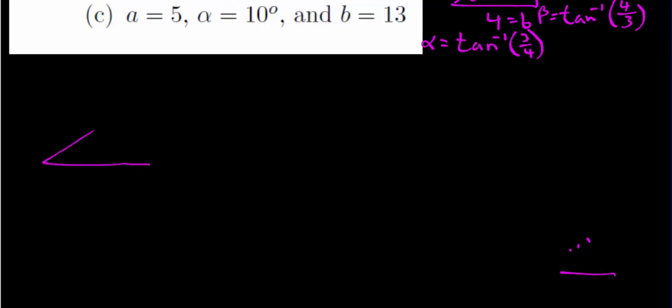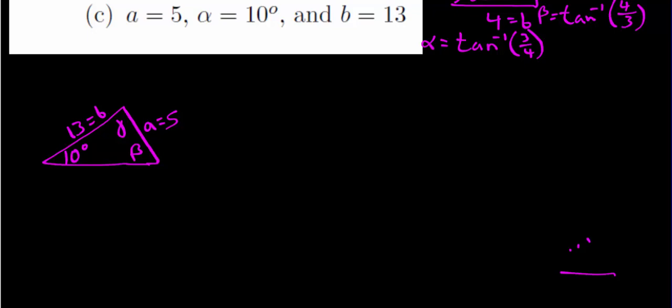Here's 10 degrees, that's A. This is 13. And then you've got 5 right here. So this is B, and this is A equals 5. And down here you've got beta. So that's kind of what the triangle might look like. Then you have that angle up there, gamma.